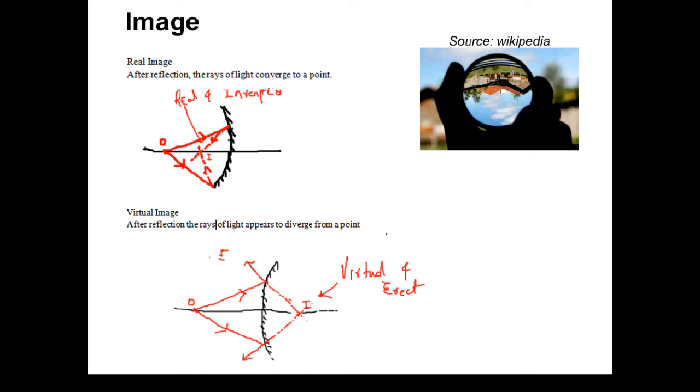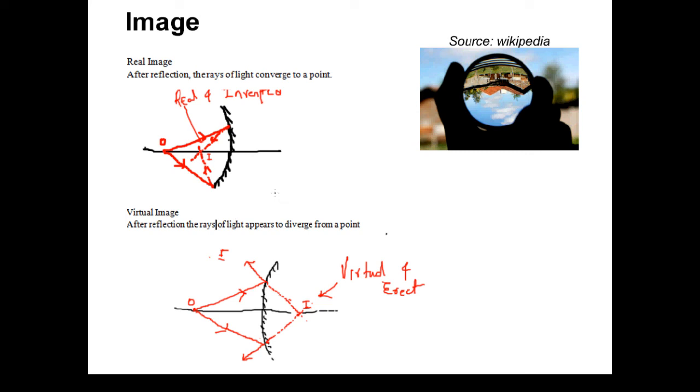Okay, so this is the real actual concept that we're going to use now in ray optics. That in case of real image, rays of light converge to a point, and in case of virtual image the light appears to diverge from a point. Understand?